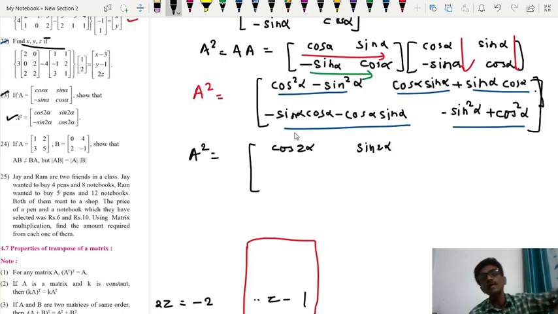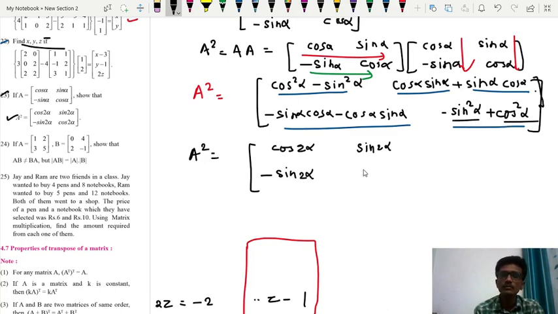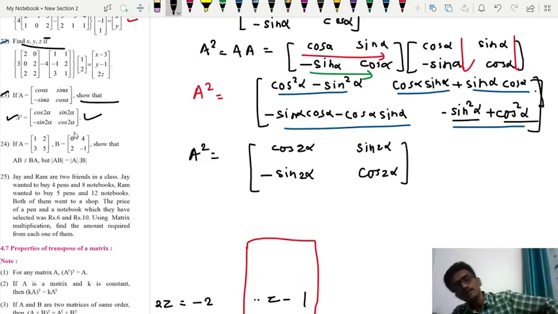This is minus 2 times sin alpha cos alpha, again it is minus of sin 2 alpha, and here cos square alpha minus sin square alpha, it is cos of 2 alpha. Yes, done. Which is to be shown here. So you have to show that A square is equal to cos 2 alpha, sin 2 alpha, minus sin 2 alpha, cos 2 alpha. So we have shown here.